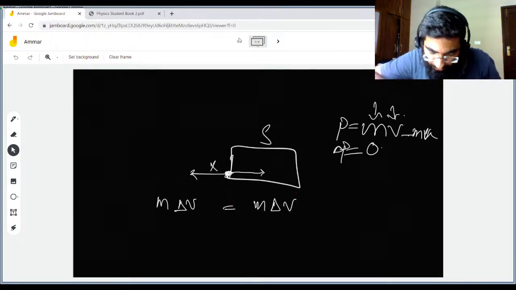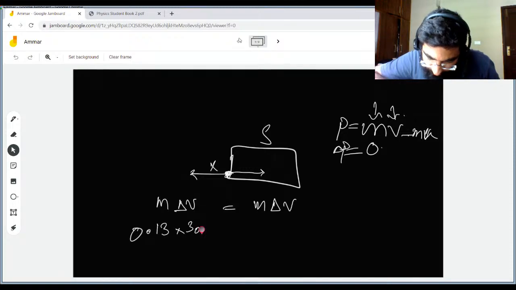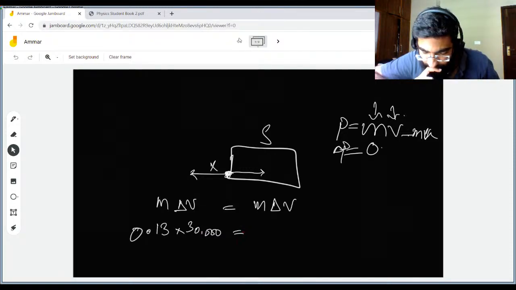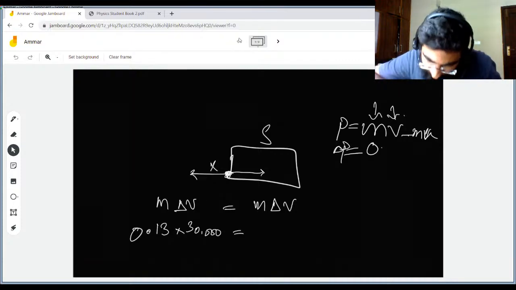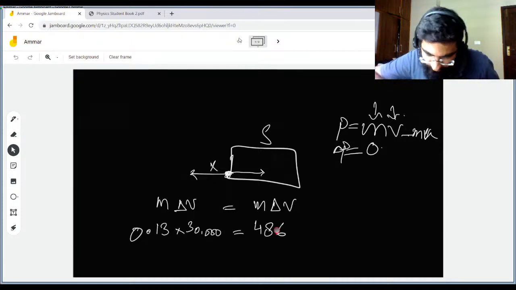Mass of xenon is 0.13. Agreed? Mass of spacecraft is 486, but we are yet to prove what velocity it will gain towards the right hand side.